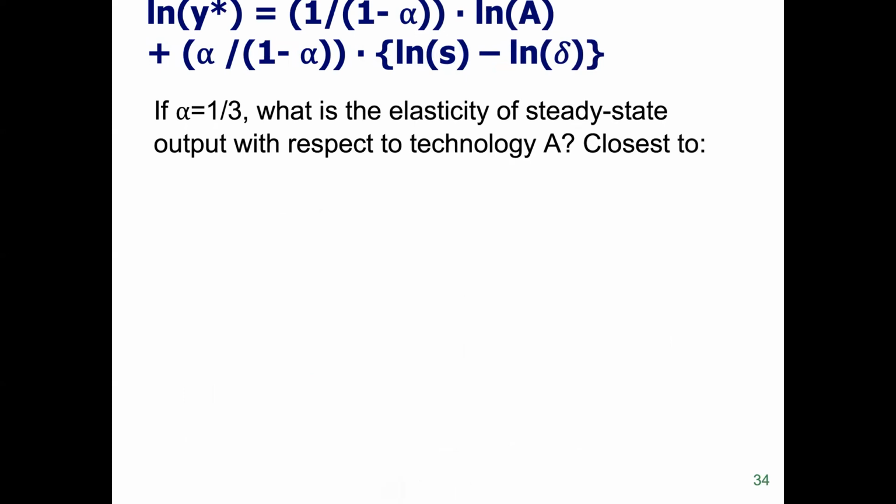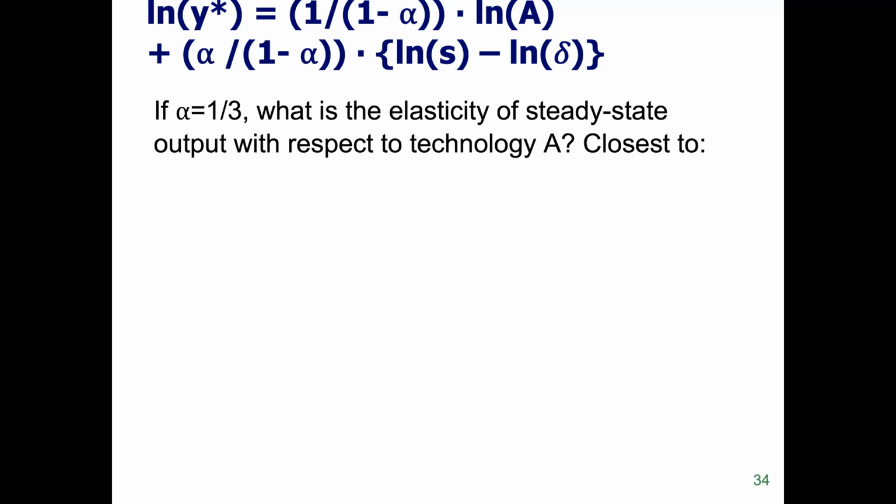So if alpha is a third, what are you going to get? This is a clicker question. What is the elasticity of steady state output with respect to technology A? If you've got everything in logs, the elasticity is just the coefficient.